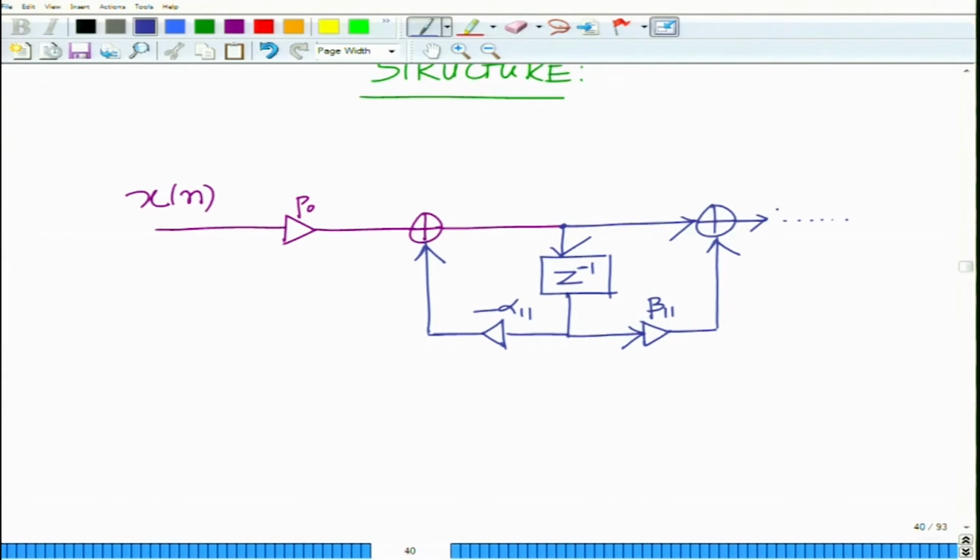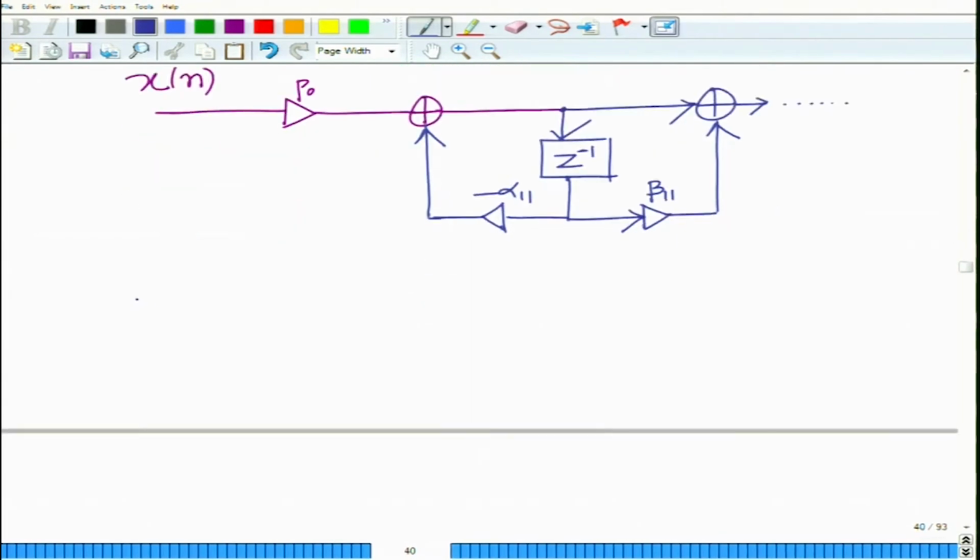Let us continue this below, and this cascade will continue, and you will have here another adder, and this will be minus alpha 1 2, z inverse.